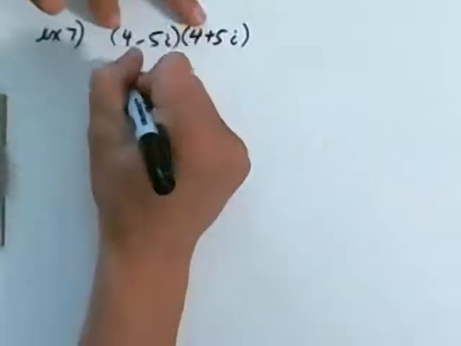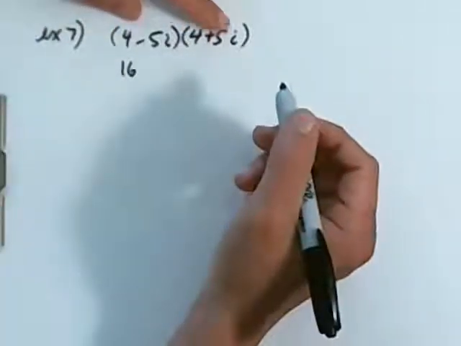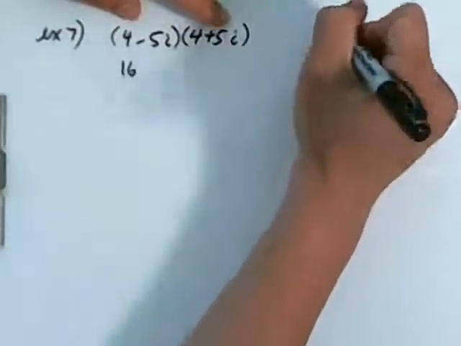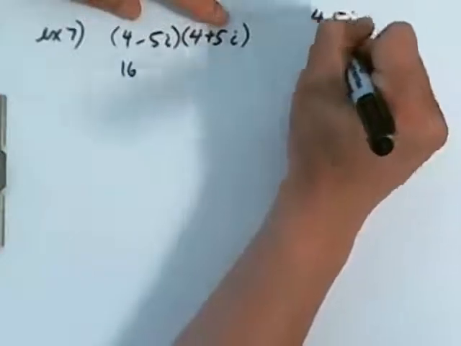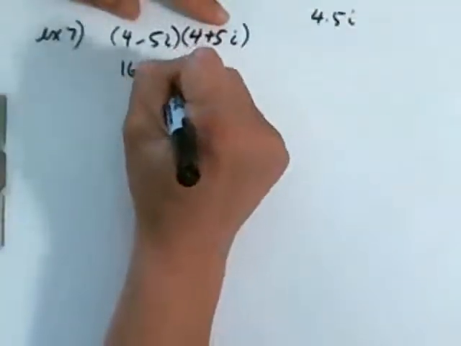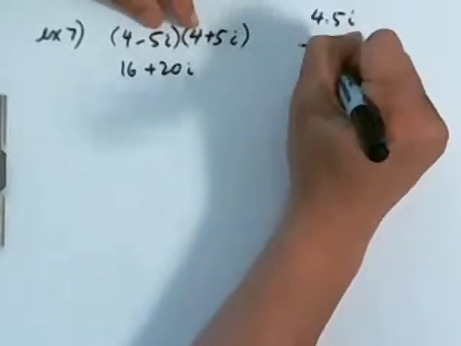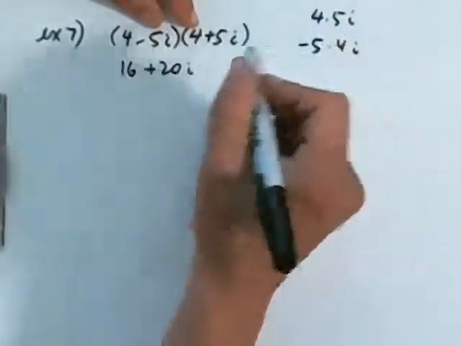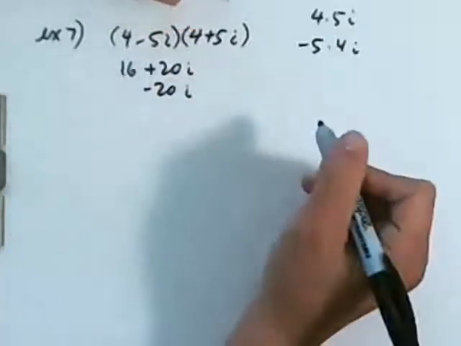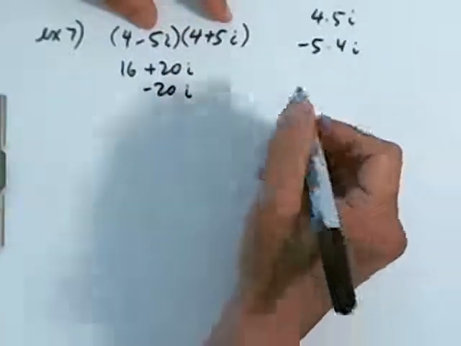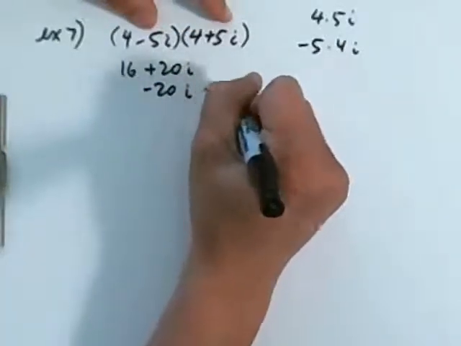4 times 4 is 16. 4 times 5i, we just multiply these two, becomes plus 20i. And then negative 5i times 4, we multiply these two, you get negative 20i. Minus 5i times plus 5i is equal to minus 25i squared.